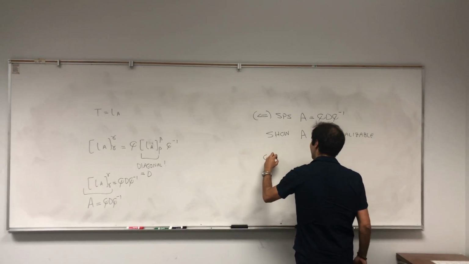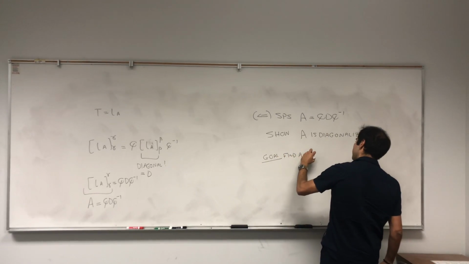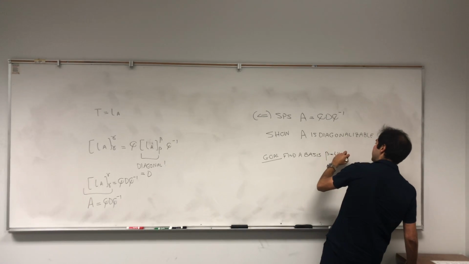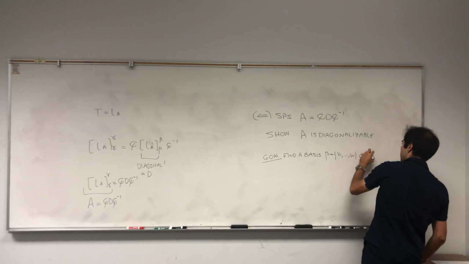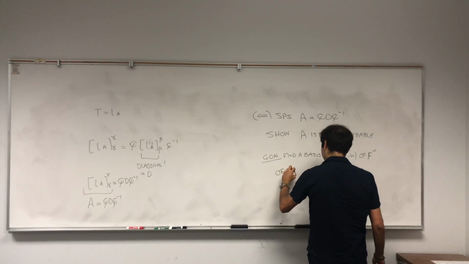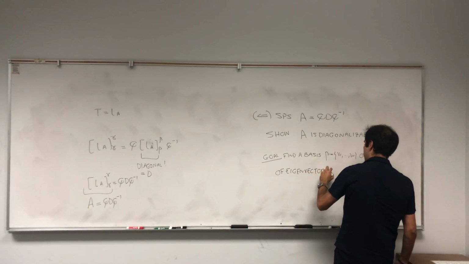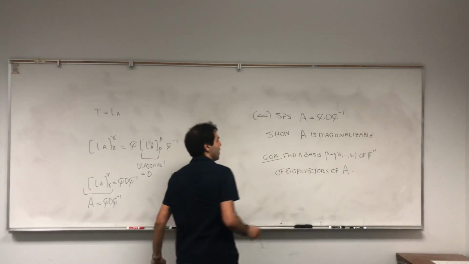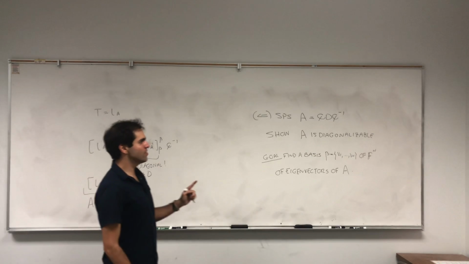So the goal is to find a basis beta, which is v1 up to vn, of F^n, consisting of eigenvectors of A. Okay, and how can we find that basis?